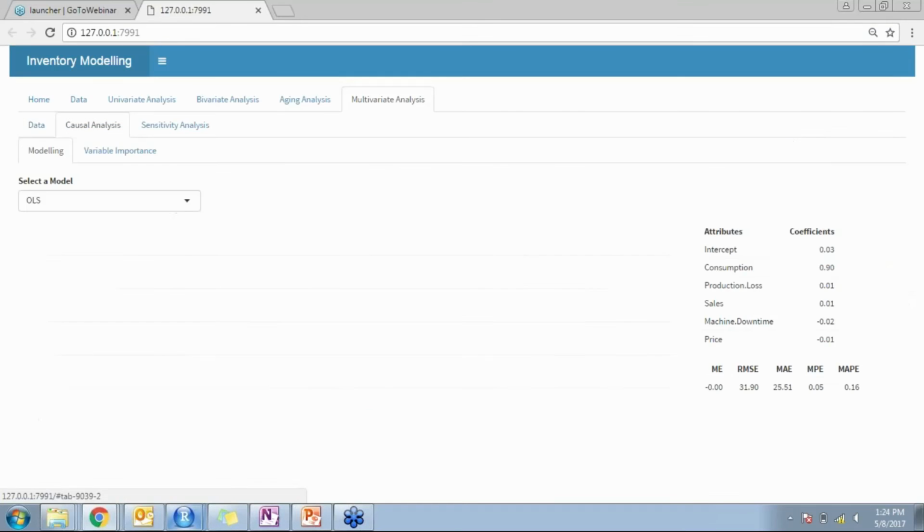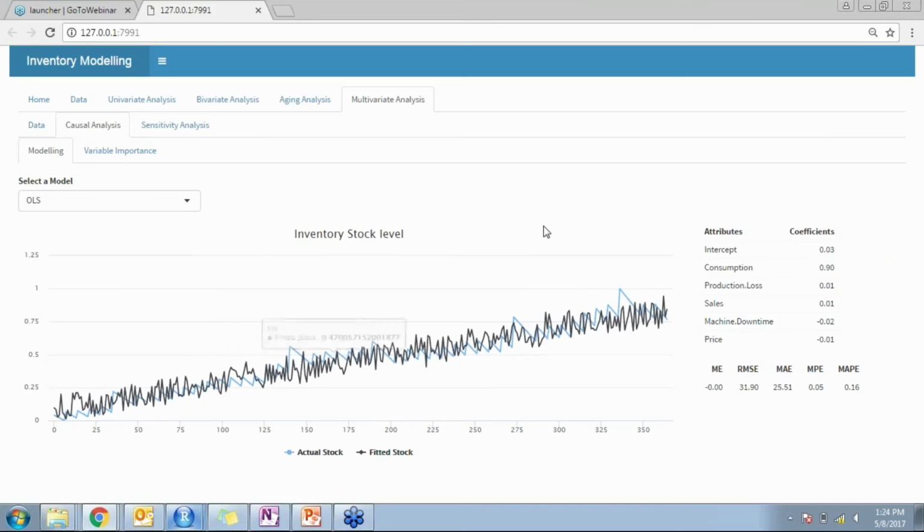Then we initially start with causal analysis, which includes multiple methods to identify how different variables fit into the model, using stepwise regression or an OLS method, and how they affect the dependent variable. The correlation and beta coefficients derived from the regression coefficients are shown here.